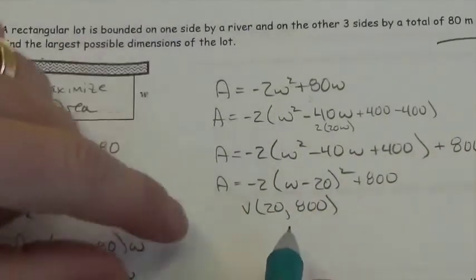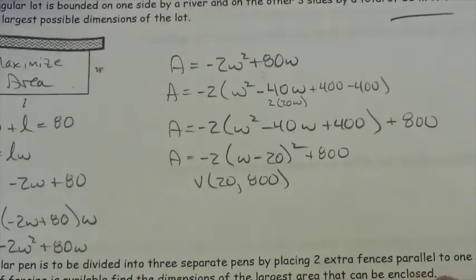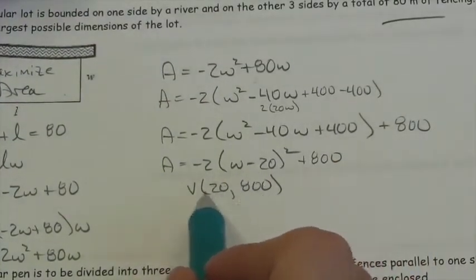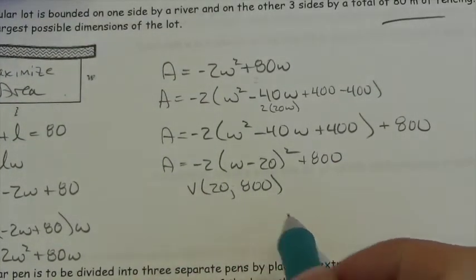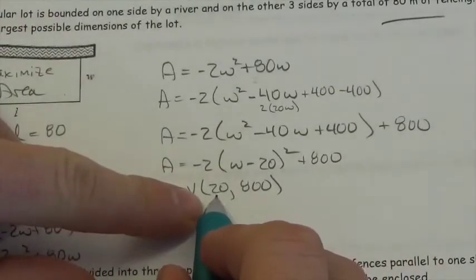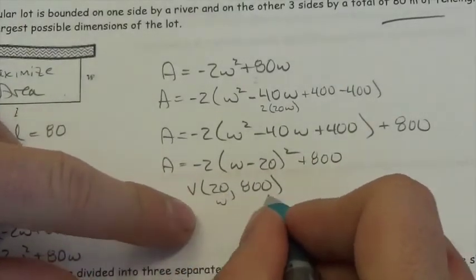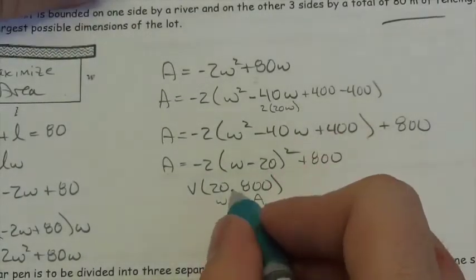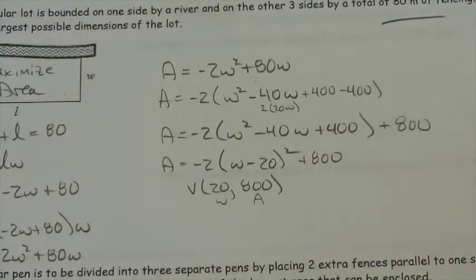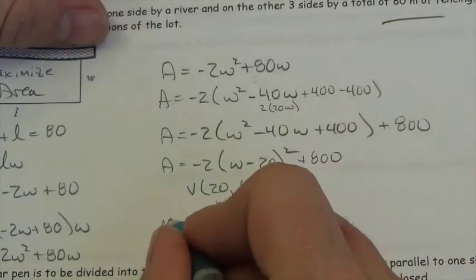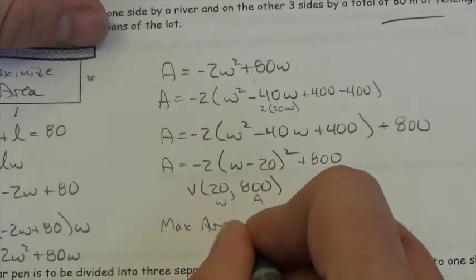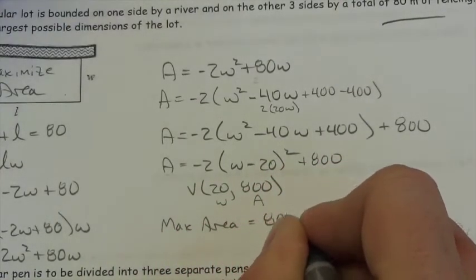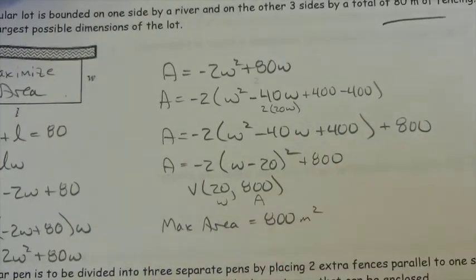So now my vertex is going to be the point 20 comma 800. Here, once again, we really want to be careful about what these two numbers represent. 20 is the W, 800 is the A. So I know right now that the maximum area is going to be 800 meters squared.